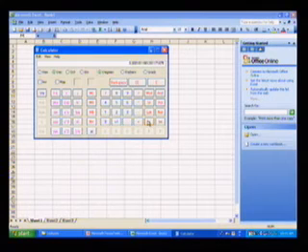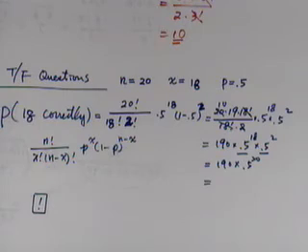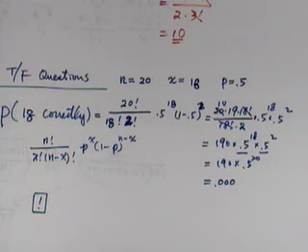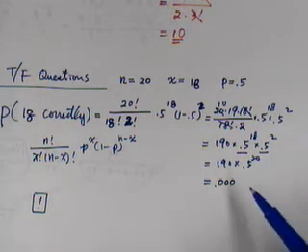Right? 0.5 raised to the 20 power times 190. 0.000018. Okay. So I'm going to write down the answer.